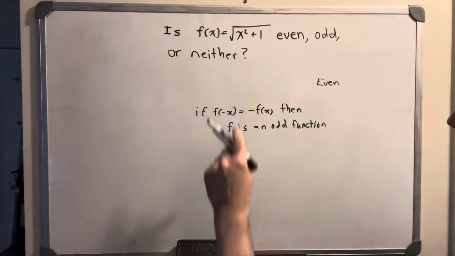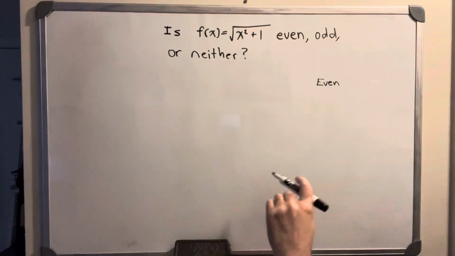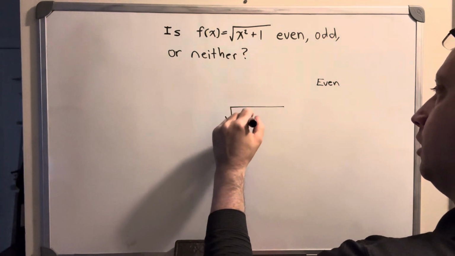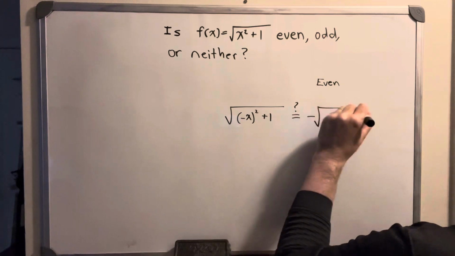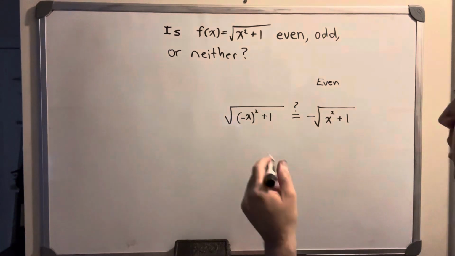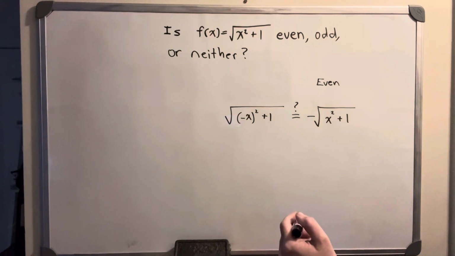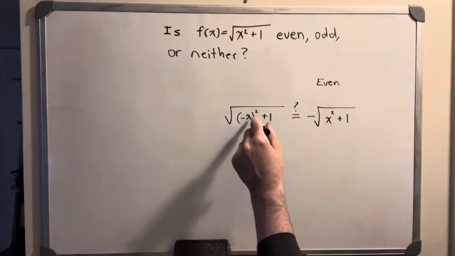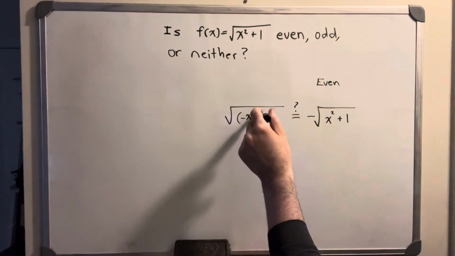All right, let's apply that to this to see if this function is odd. All right, let's say that x were some positive value, then minus x would be a negative value. You square that, it's a positive value.